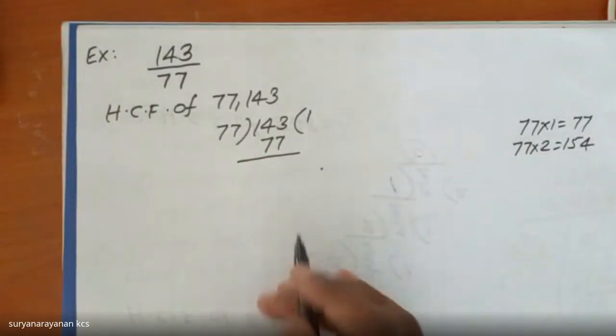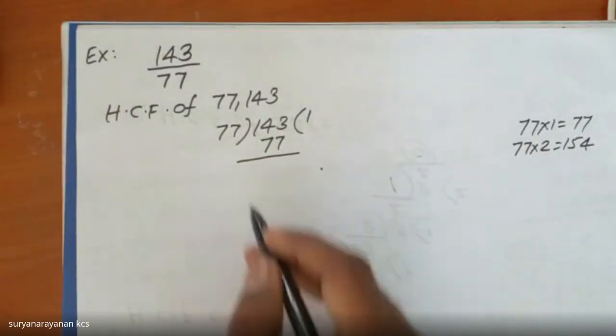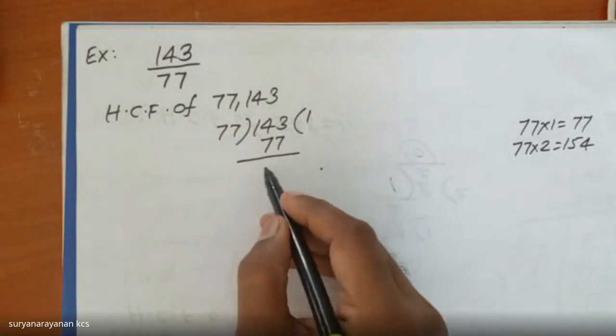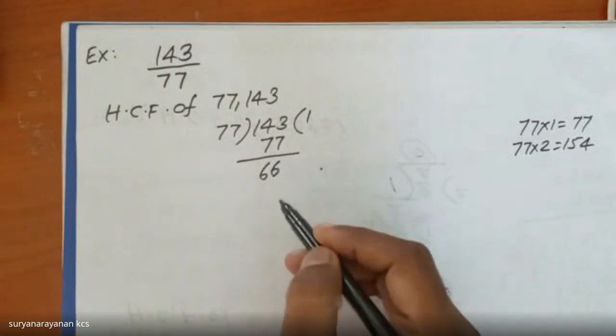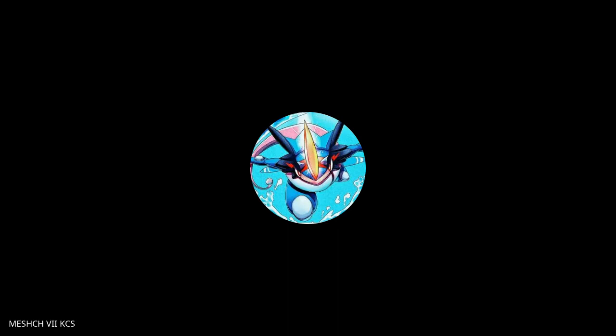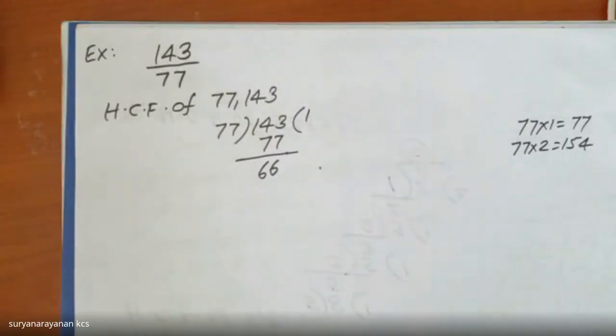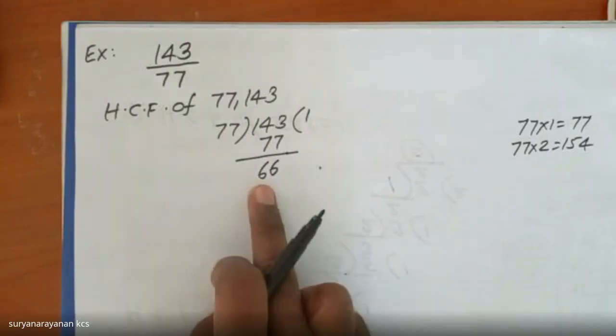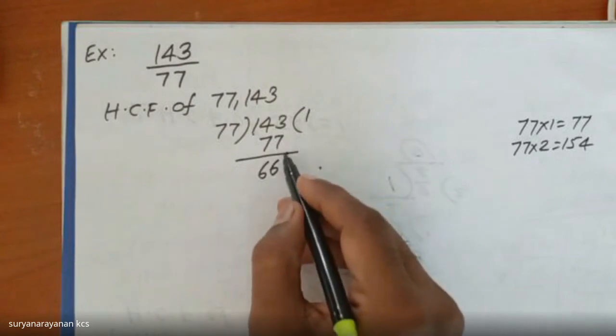Is it 66? Minus 66, sir? Is it right, minus, or wrong? Sir, 66 is the answer. Okay, 66. So the remainder is 66.